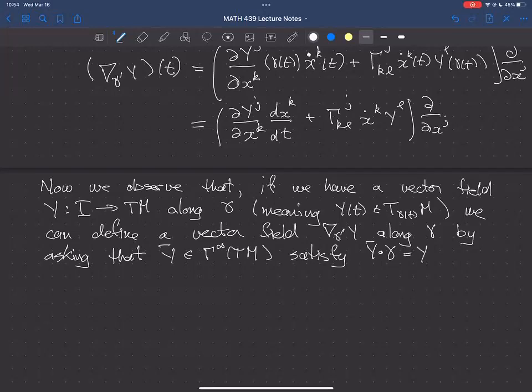So I have a vector field y, which is only defined along the curve gamma, so it only gives me a tangent vector at every point along the curve. Now I'm going to extend that vector field off the curve, and I get something which I'm going to call y bar, and I ask that y bar at points along the curve agrees with y.